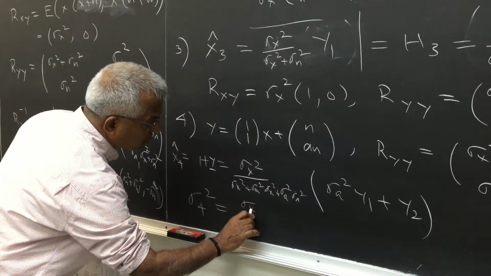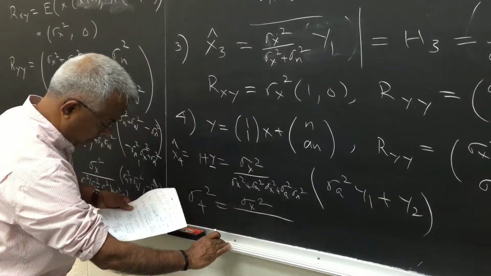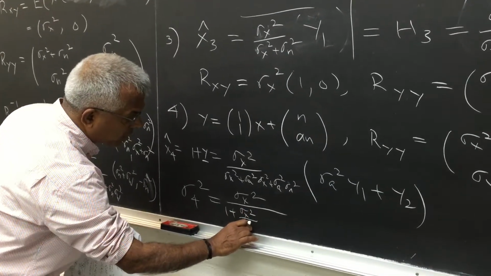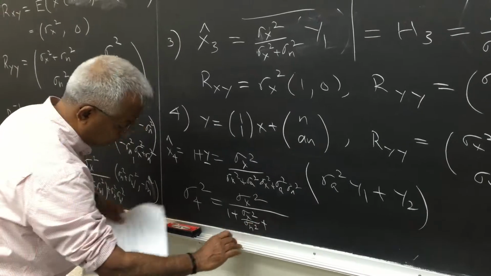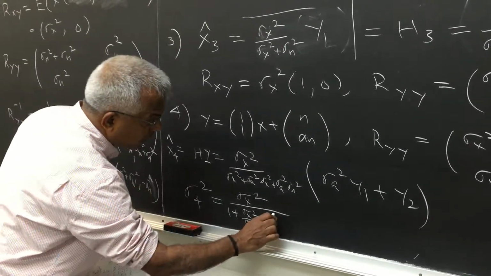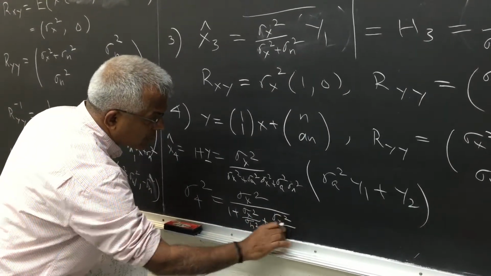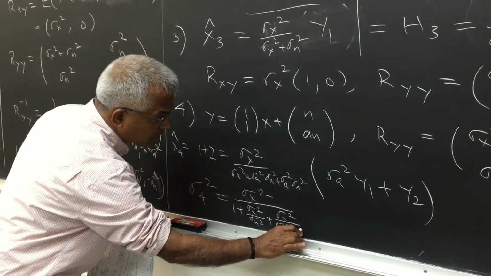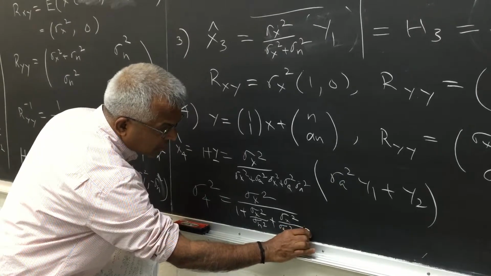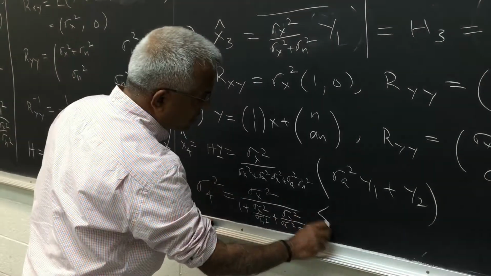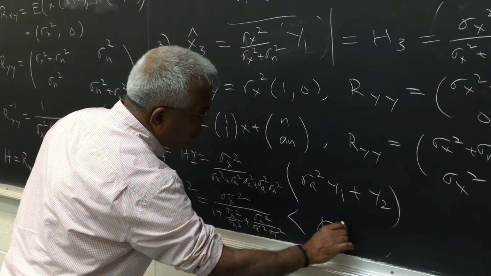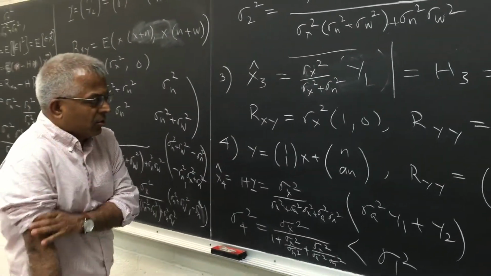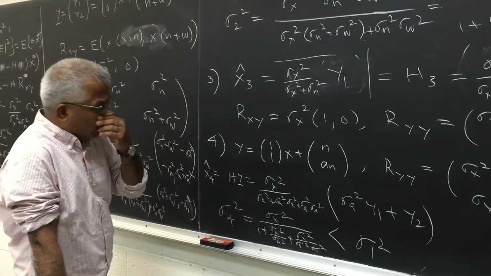So this turns out to be sigma x squared over 1 plus sigma x squared over sigma n squared plus sigma x squared over sigma a squared sigma n squared. But the interesting thing is, quickly you can see that this error is less than sigma 1 squared. In other words, having even that corrupted second data is better than not having it.